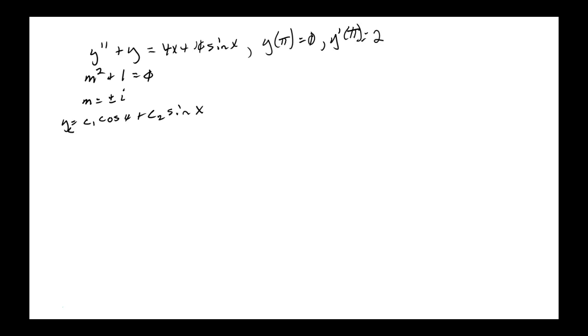Now we may reach a little bit of a dilemma here. Do we plug those values into the complementary solution, which only pertains to the homogeneous left-hand side, which isn't our whole equation here, or do we wait and plug them into the full general solution? Why would we wait?